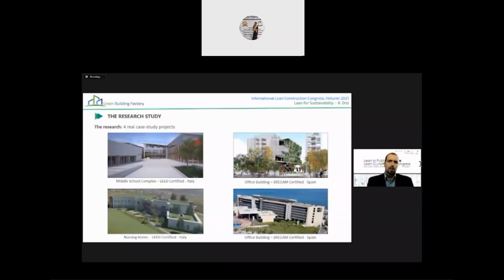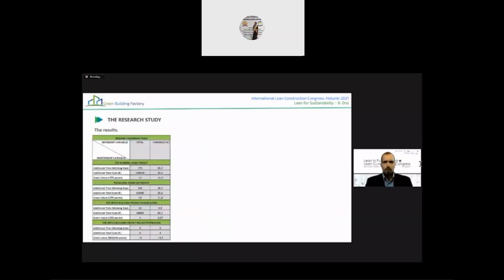And by the end of the study, we developed a methodology, we validated it, and we focused on the results. So on how much waste we detected within these green building processes. So these are the results. It's a very short table.